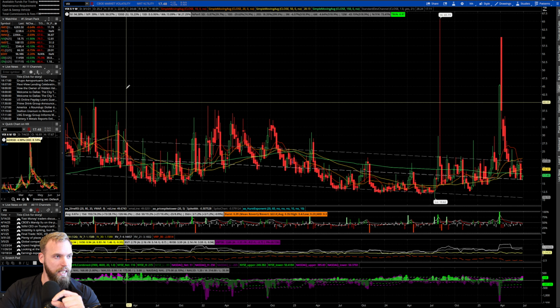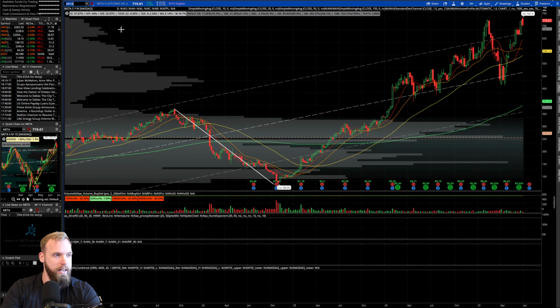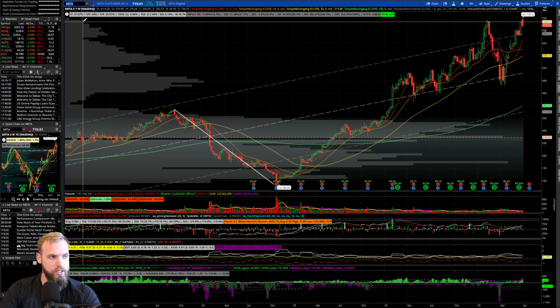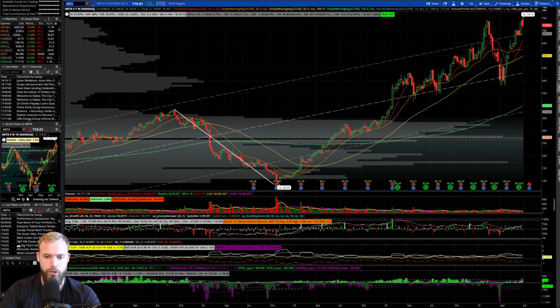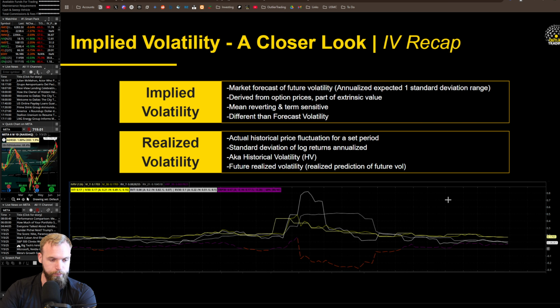So when we're looking at the implied volatility for, let's just grab a stock, Meta, the implied volatility is 37%. That doesn't mean it's going to go up or down this amount. It just means that that is the one standard deviation expected range for the underlying itself, which is an important note that I emphasize there: for the underlying itself. We'll talk about that in a moment.